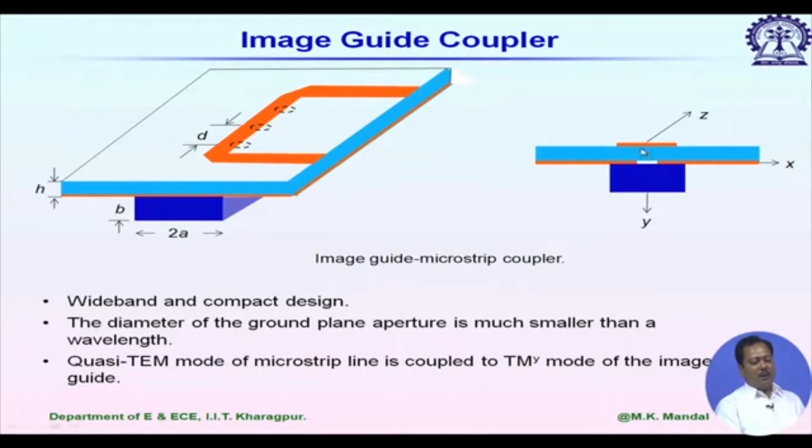So, then from microstrip line, mainly from this perpendicular electric field to this perpendicular EY component, this power is coupled through the slot in between this image guide and the dielectric of the microstrip line.